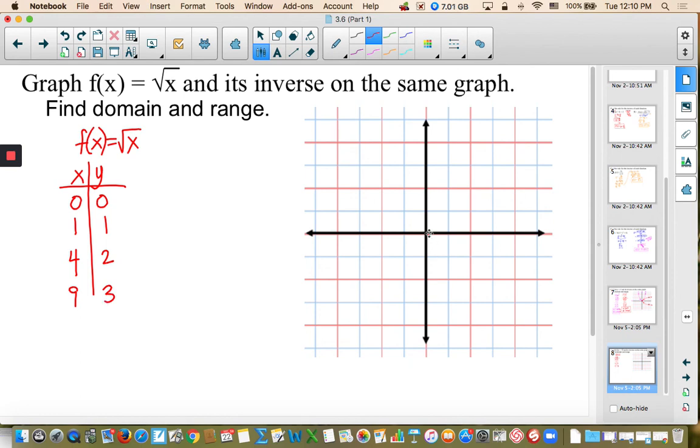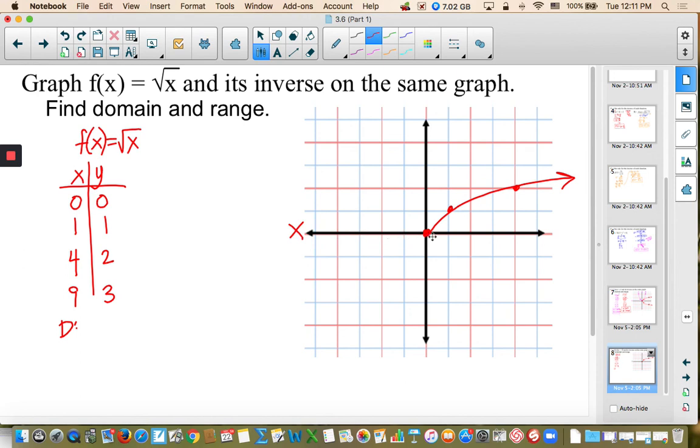So 0, 0, and then 1, 1. And then 4, 2. And then I'm not going to be able to graph 9, 3. But if you remember what the square root graph looks like, it looks like that, right? So its domain, let's see, the domain is the x's.